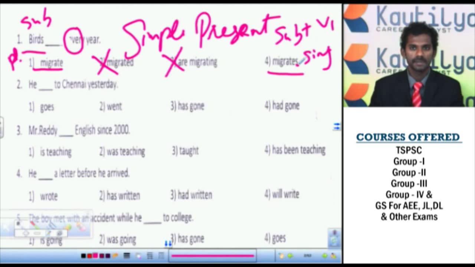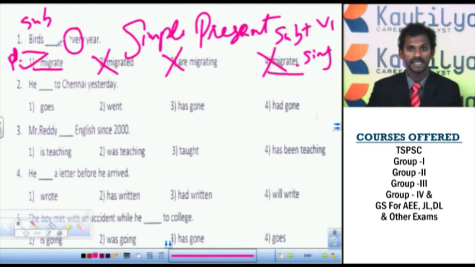If the subject is plural, the verb must also be plural. The subject in this sentence is birds, plural, so the verb must also be plural. Based on that concept, "migrates" gets eliminated because it's singular. The answer must be "migrate." Birds migrate every year, simple present tense because it's a regularly happening action. Got it? Fine.